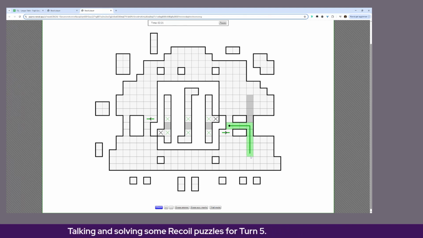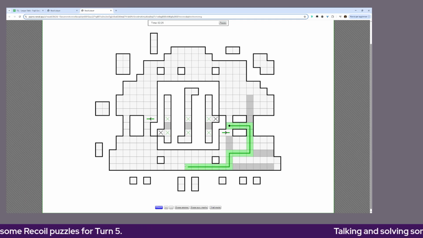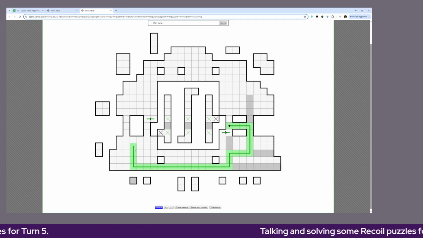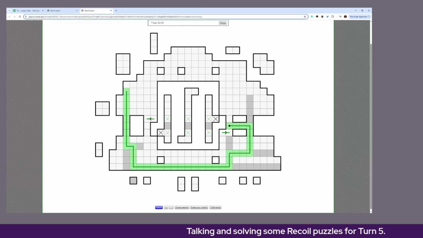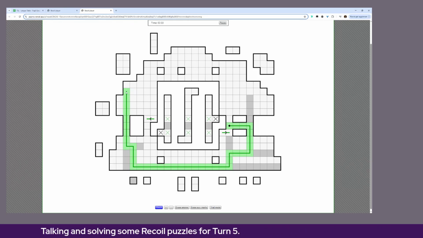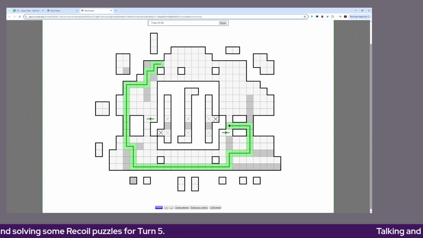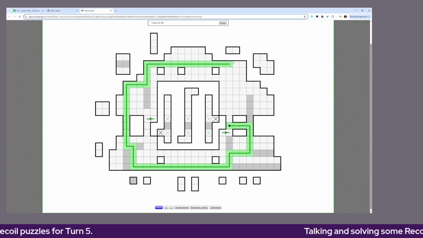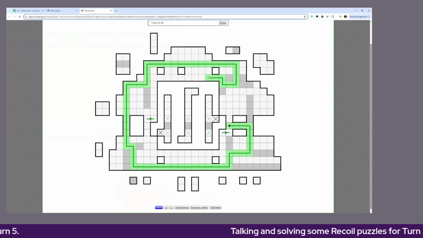Imagine that you go through here. Then somehow you want to go through this side, and then you want to go up, and then you want to go here. And then you somehow want to go through here, through this gap, and then connect something to allow those things to be recoiled.